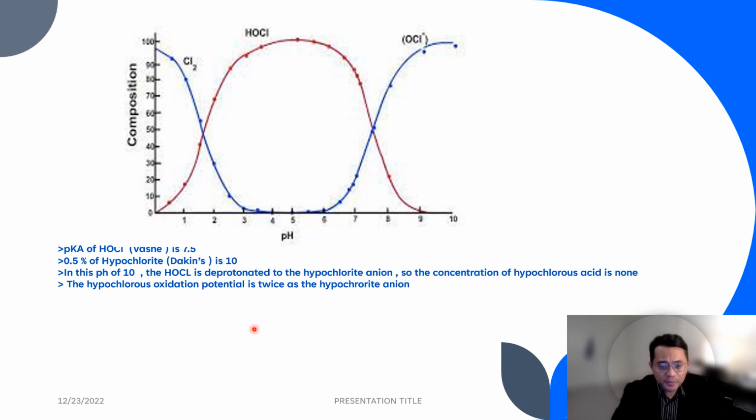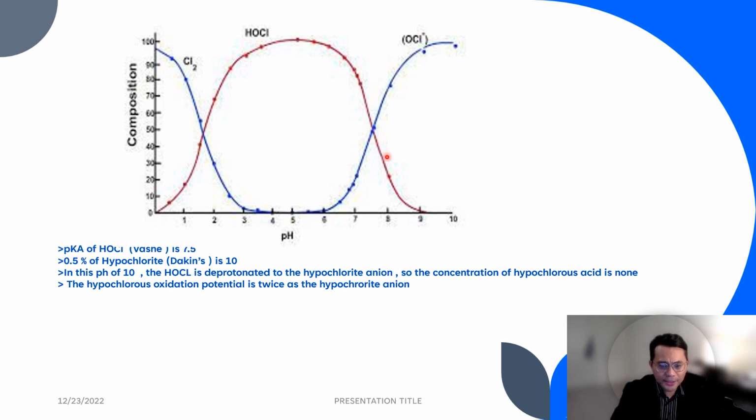So, ladies and gentlemen, this graph shows you the dissociation curve of hypochlorous acid in a solution. Look at the pKa of hypochlorous acid, which is 7.5.